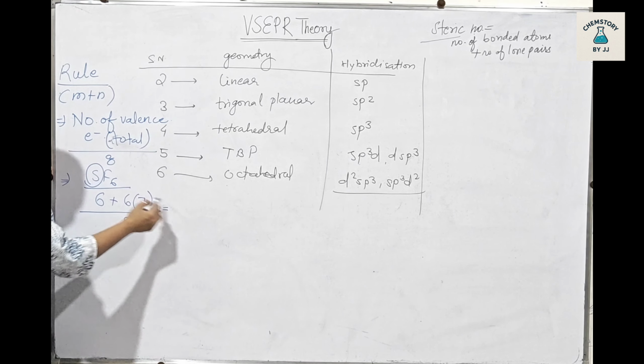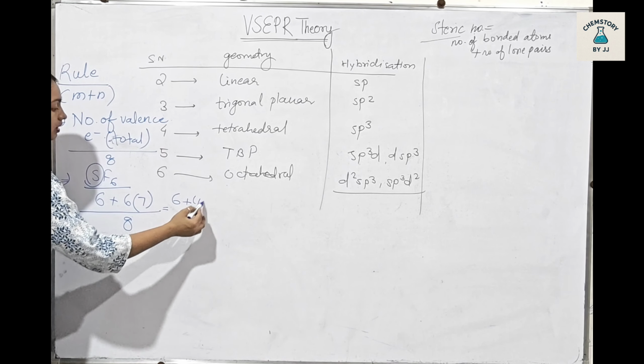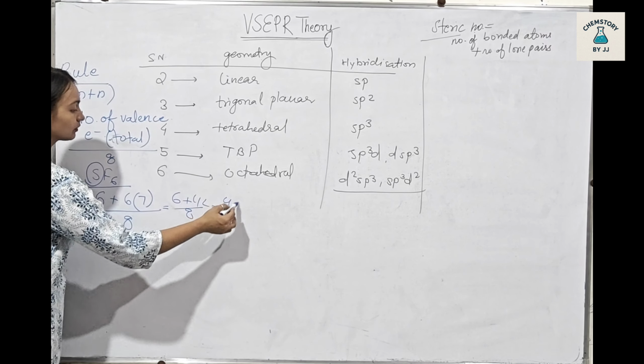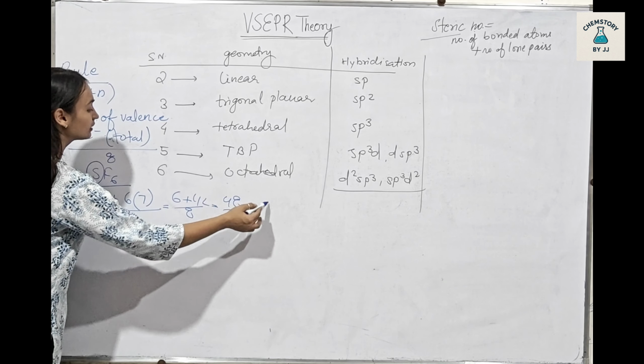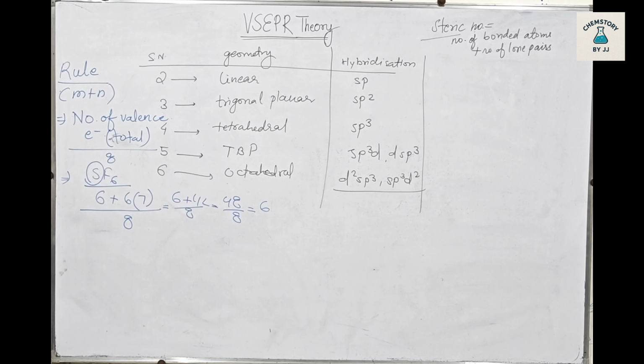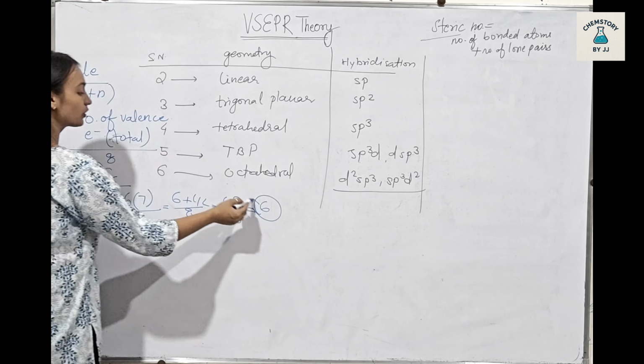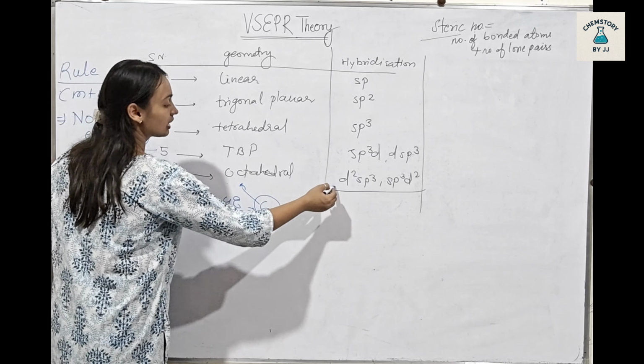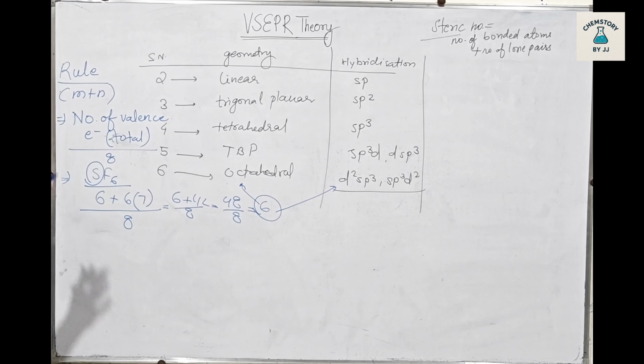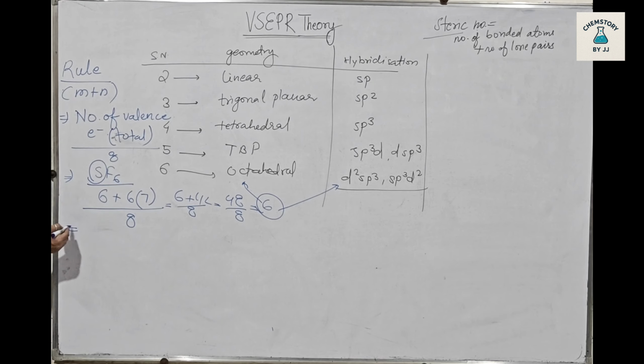It's going to give us the total sum of 6 plus 42 upon 8, which is going to give us 48 divided by 8, that is 6. That means the geometry is going to be octahedral for it, and the hybridization is sp3d2 or d2sp3.